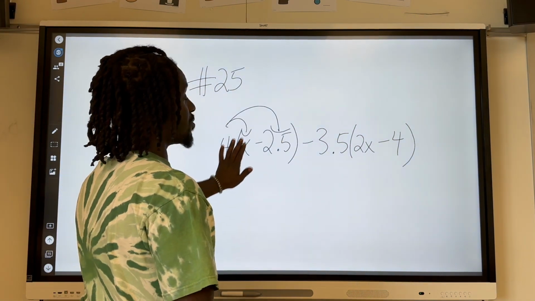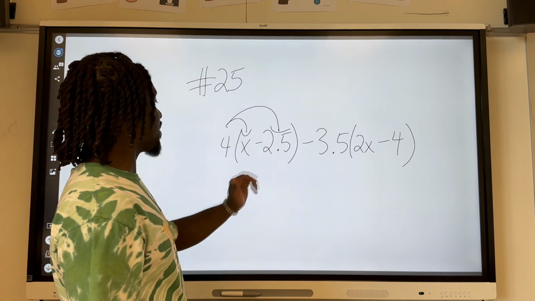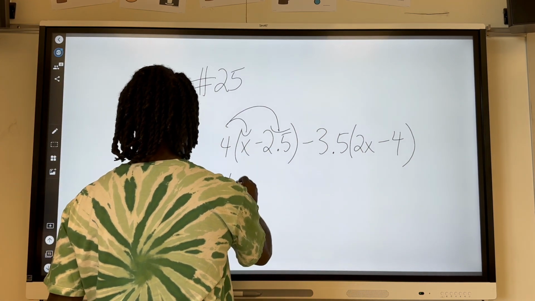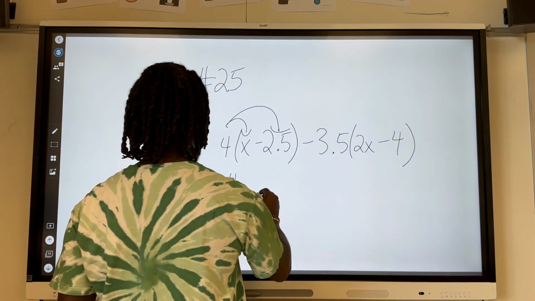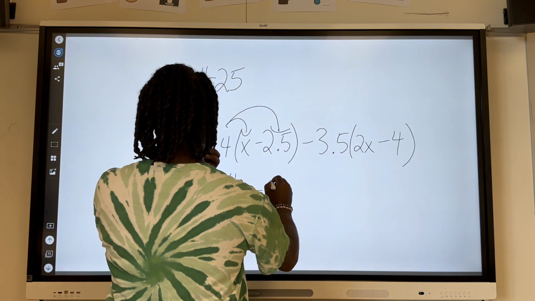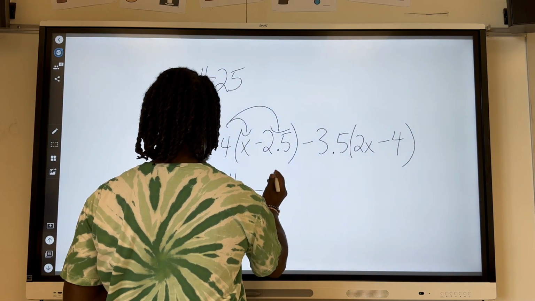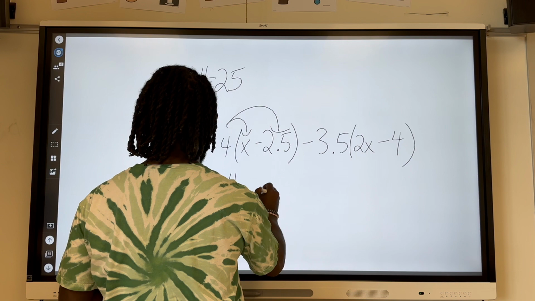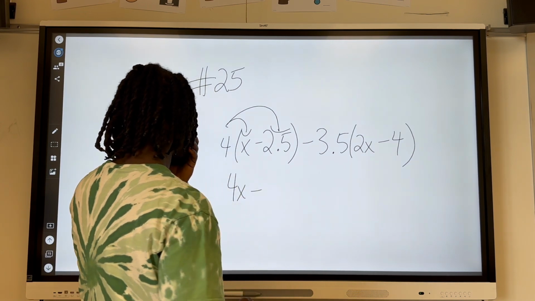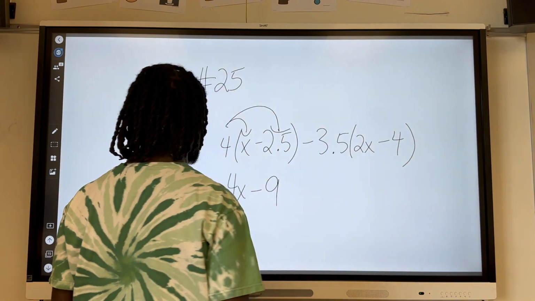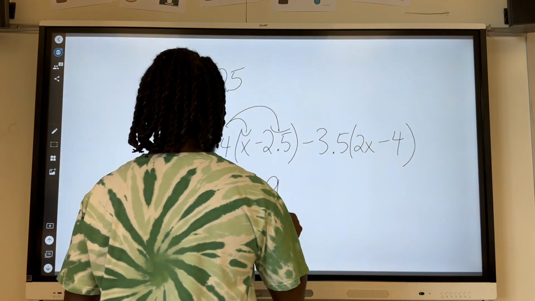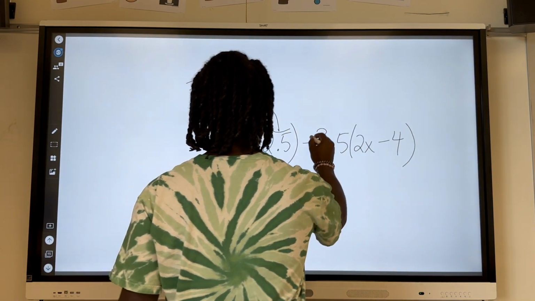So you got to remember distributive property, you got to multiply by both of these. So 4 times x is going to give you 4x. Then you're doing 4, again, this is going to be a negative, but 4 times 2.5, that's going to give you 9, okay? And then it's -9.